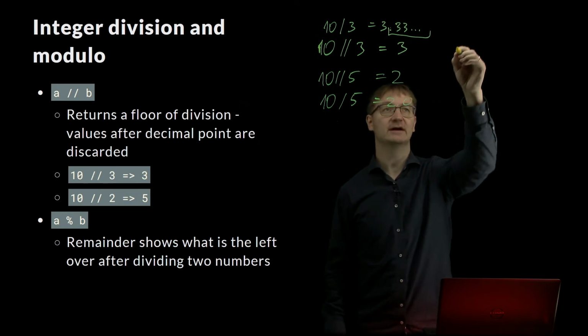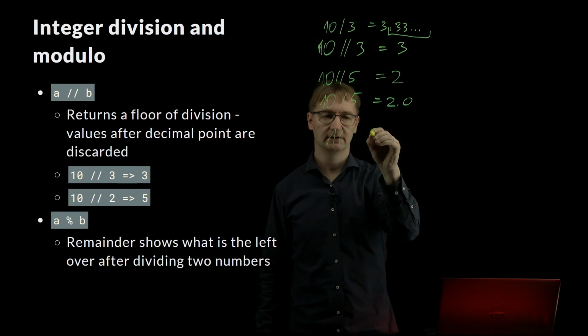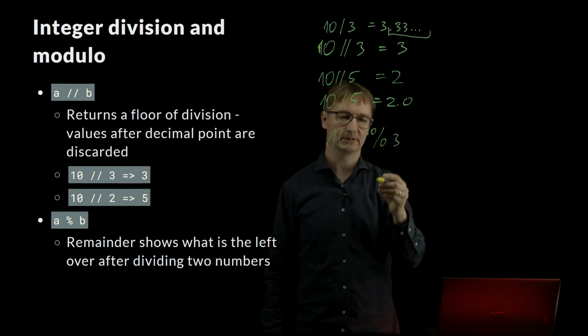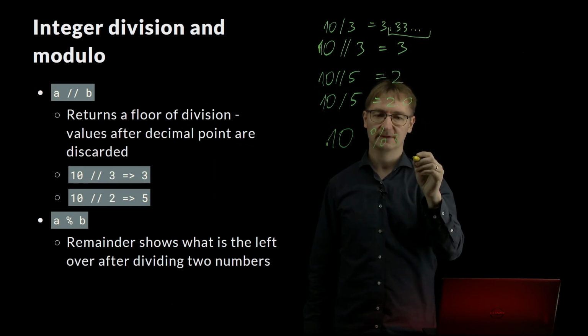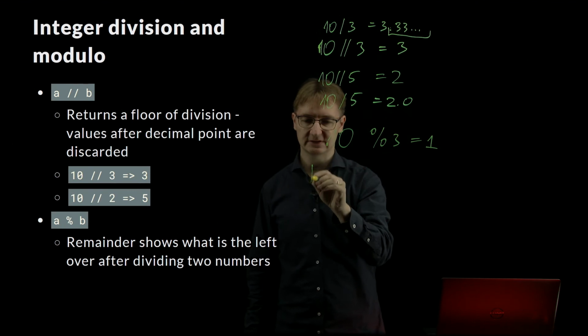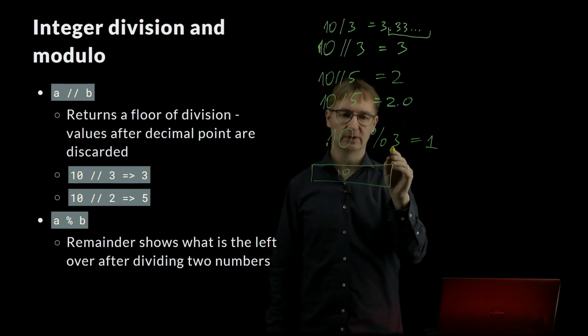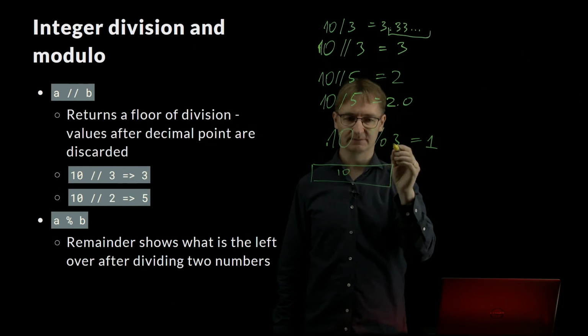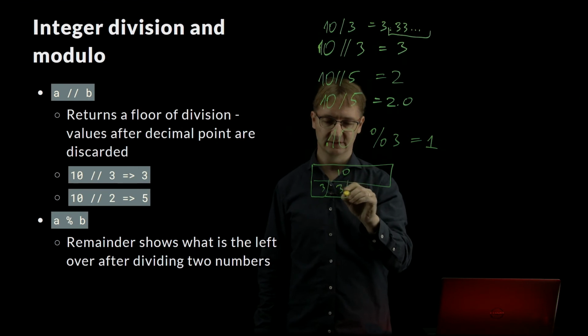For example, we have 10, and we want to see what the remainder is if we divide it by 3, and we get 1 here. Why is that? Basically, let's say we have 10 here, and now we are dividing it by 3. So we have 3 here, 3 here, 3 here.